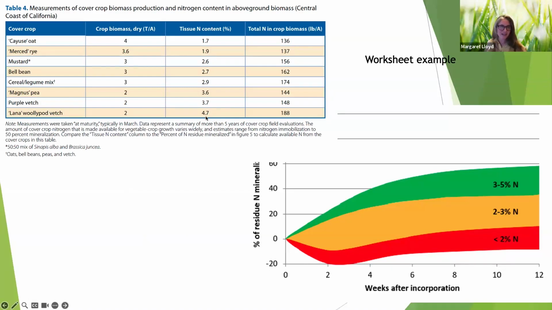Whereas if we take a 4.7% nitrogen from the Lana woolly pod vetch, that's about intermediate in this green band. And we could estimate that at maybe 45 or 50% of the total nitrogen might become available. So you have the total nitrogen in this far column on the right, and about 50% of that becoming available in the short term.